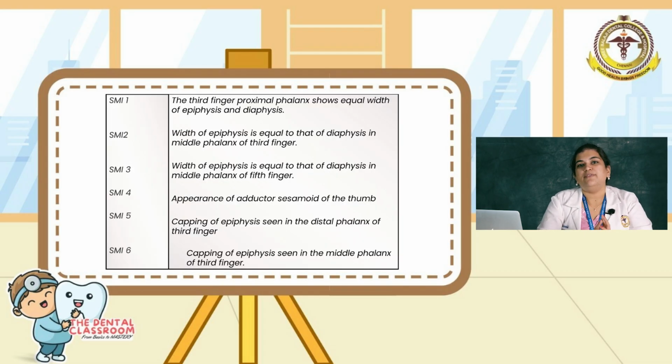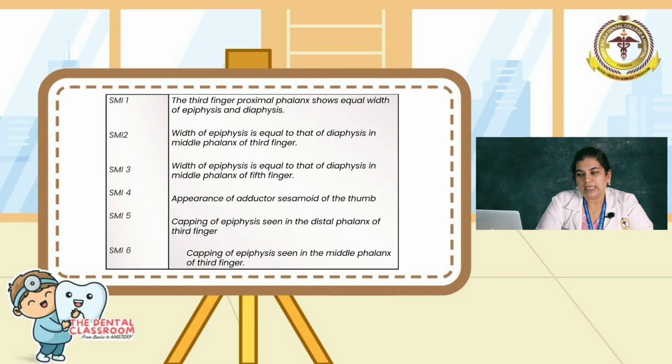Now, Fishman's indicators are indicated by the abbreviation SMI. SMI 1 corresponds to the proximal phalanx of the 3rd finger, where the epiphysis and diaphysis are equal in width. SMI 2 corresponds to the width of the epiphysis being equivalent to the diaphysis in the middle phalanx of the 3rd finger. I understand this can get extremely confusing, but it's a lot easier when you look at the image and understand.